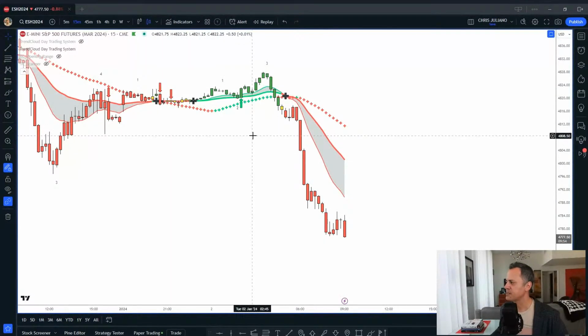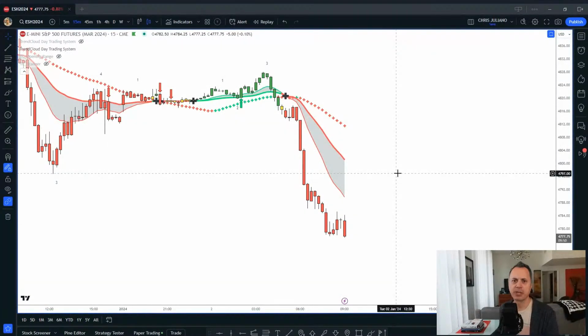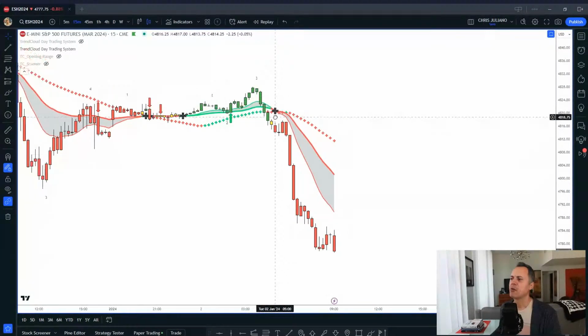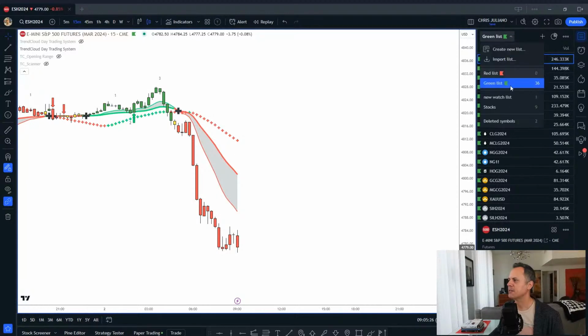I know Simon is here, he just joined yesterday, and he's going through the beginner course now. What we do is use the TrendCloud indicator itself in the beginning stages on just how to read the signals on a stock list.